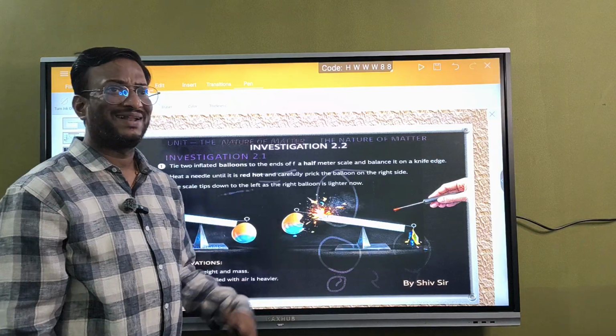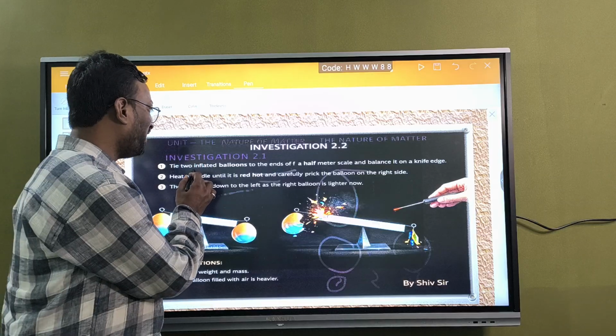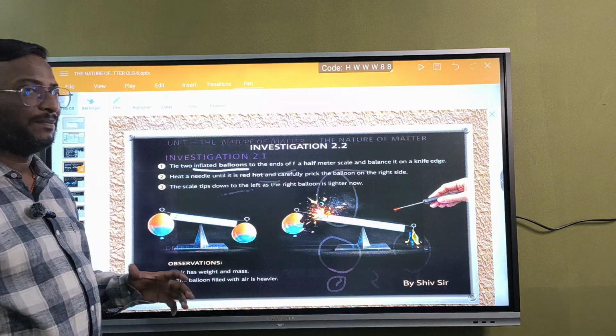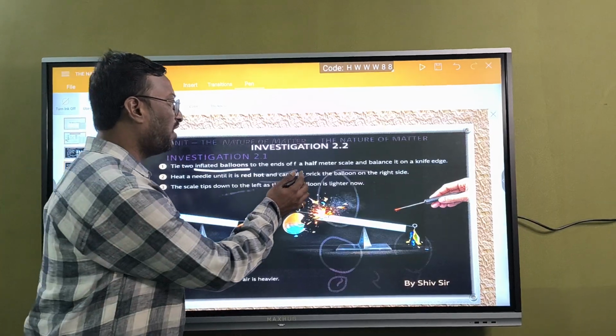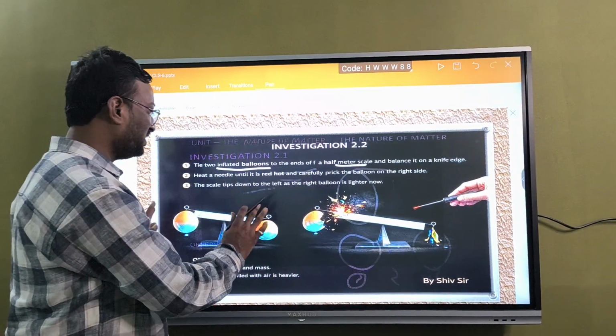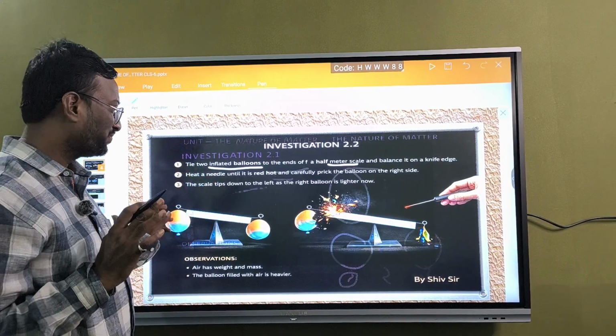Next we go for another type of investigation. The second one, take 2 inflated balloons. Inflated balloons అంటే బాగా ఊదిన బెలూన్స్ అన్నమాట. ఆ రెండు ఏం చేస్తా, tie the 2 ends of it, half meter scale తీసుకోండి. రెండు వైపులా ఆ ఇన్ఫ్లేటెడ్ బెలూన్ అనేది టై చేయండి.